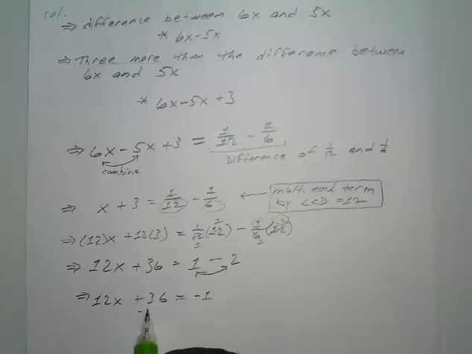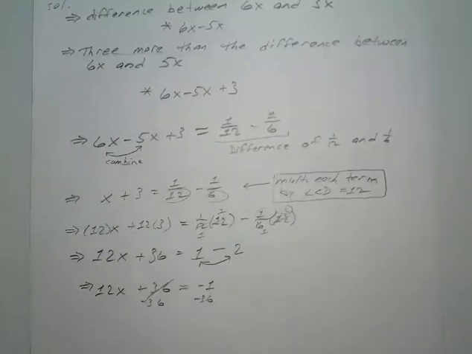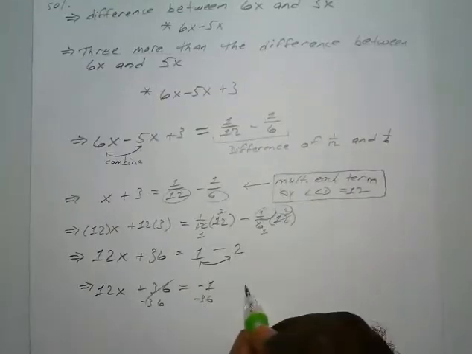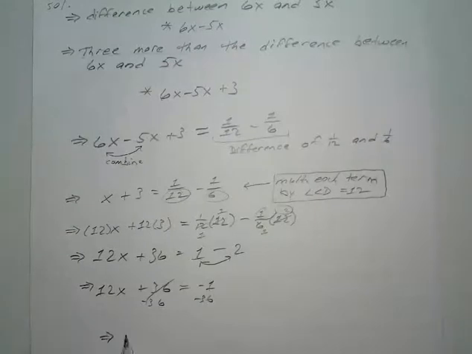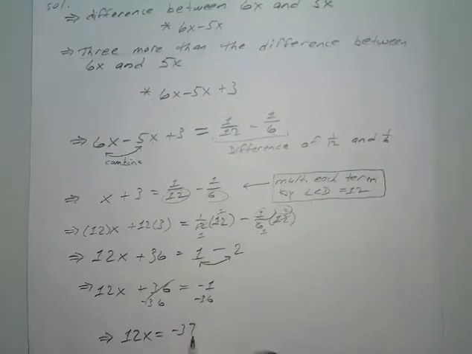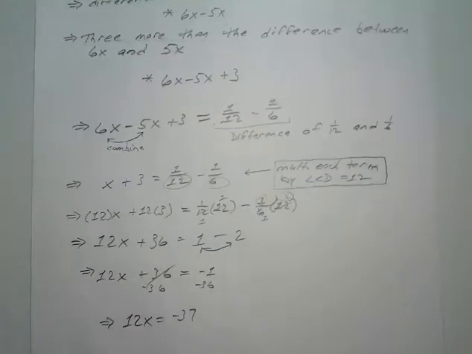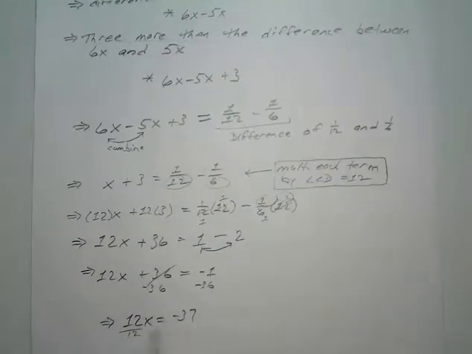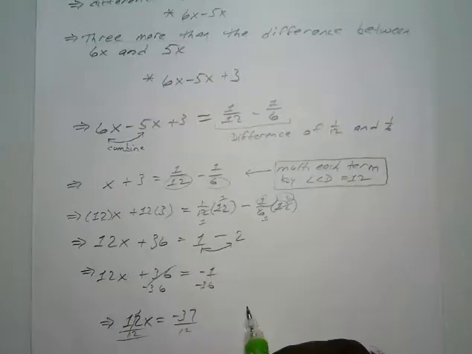Okay, so we go ahead and subtract 36 from both sides. So we have 12x equals negative 37. So if we divide both sides by 12, anything divided by itself is 1.